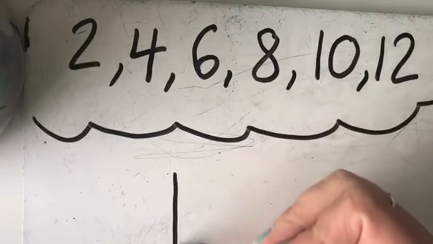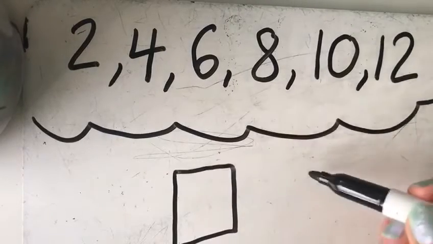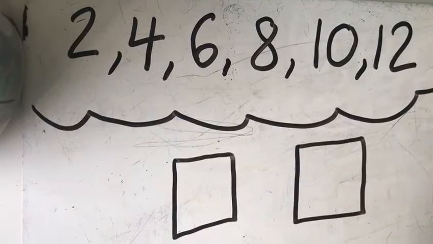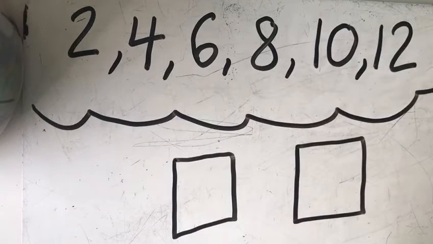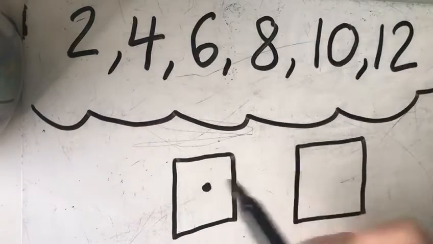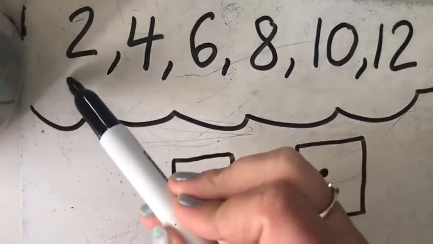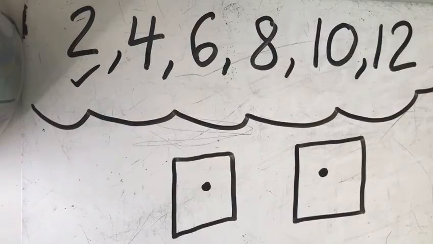So I'm going to draw my 2 boxes to show my 2 parts, and I'm going to split the number 2 equally between my 2 boxes. So making sure I put 1 in one box and then 1 in the other box. 1, 2. I can clearly split the number 2 in half. There's 1 in this one and 1 in this one. So I'm going to give the number 2 a tick because it can be halved.